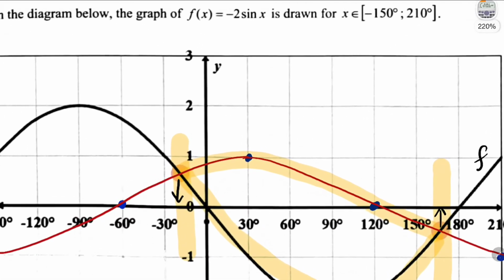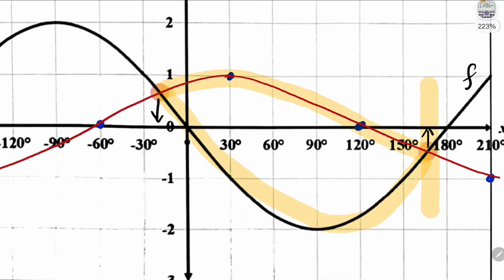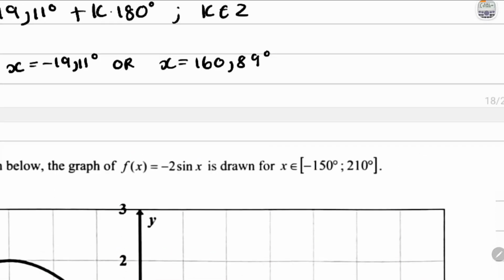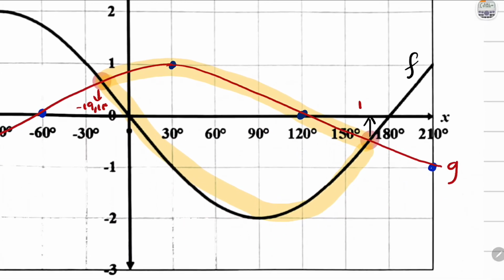So now we don't have to guess anymore. We know exactly what those values are. So we're going to put that there. That's negative 19.11 degrees. And this one over here is 160.89 degrees.